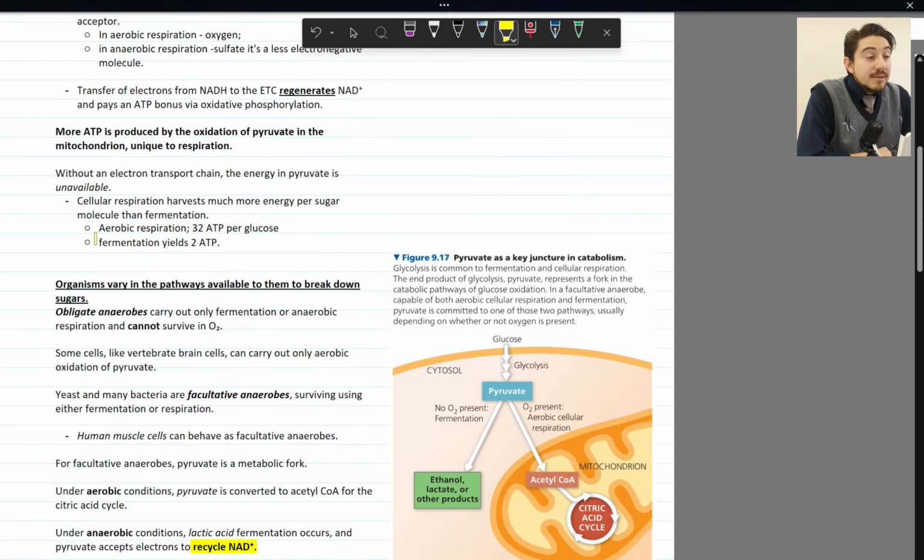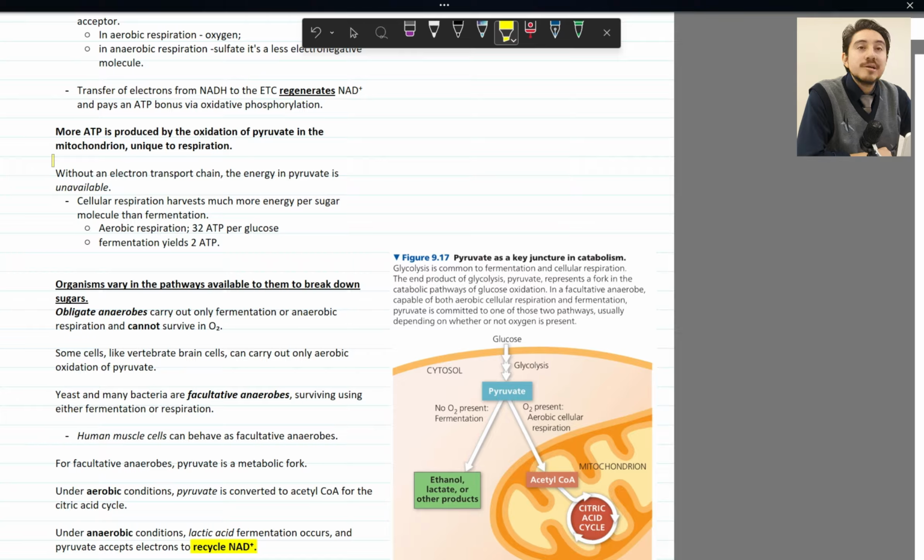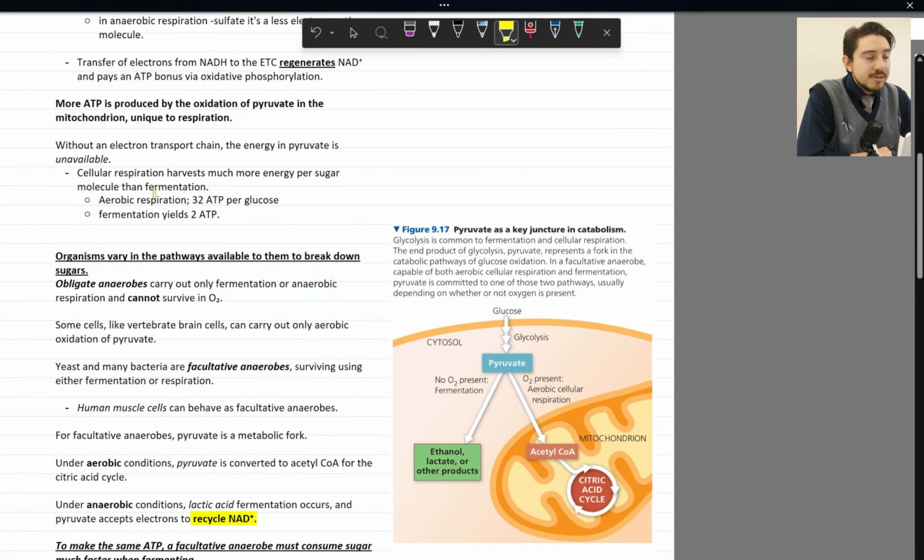And some of these final notes here: more ATP is produced by the oxidation of pyruvate in the mitochondria that is unique to aerobic respiration. So I've mentioned this before, but just to give you that idea, without the ETC, the energy in pyruvate ultimately is unavailable.